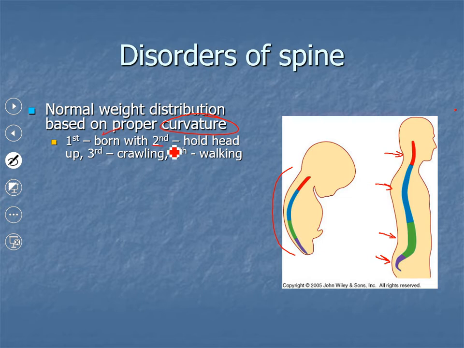The second curve, this cervical curve, you develop as you can hold your head up. Your muscles are getting stronger, your muscles are pulling on your spine, and that pulls the spine into a second curve.